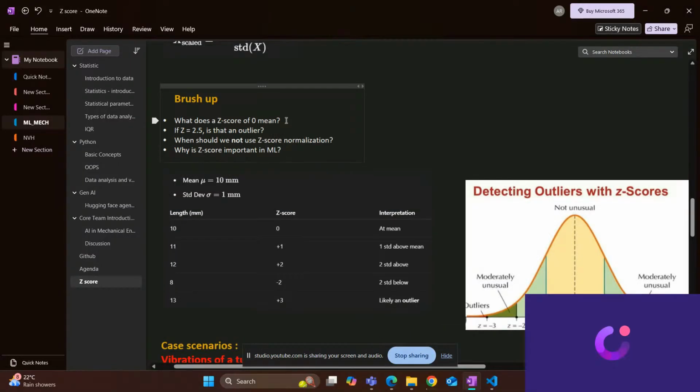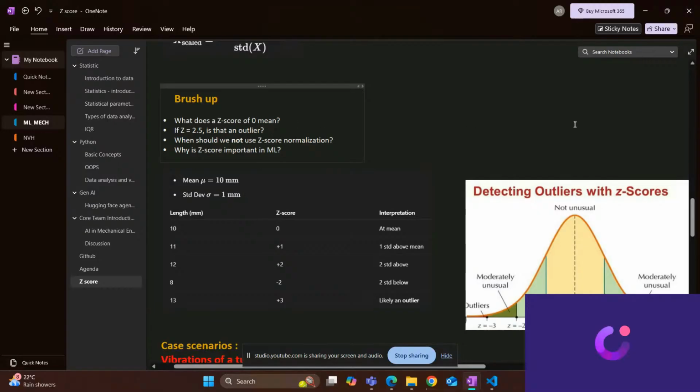Okay, so just to revise, what does a Z score equal to zero mean? If you distribute the data and calculate the Z score value for a particular data point, suppose we have a shaft diameter with mean equal to 10 mm, and your Z score is almost equivalent to zero.